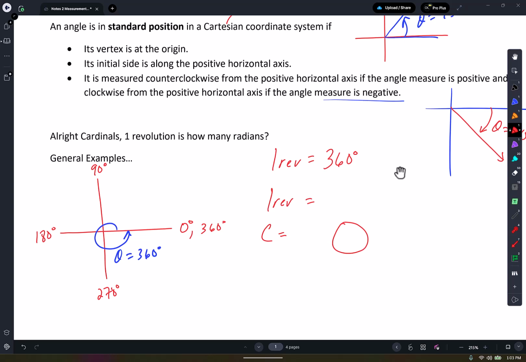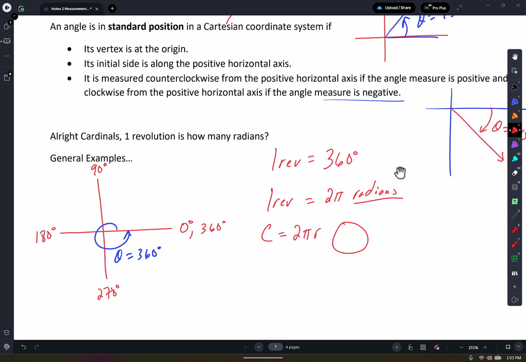What's the formula? Circumference equals 2 pi r, where that r stands for radius, right? One revolution is 2 pi radians, and a radian is literally whatever the radius is. It comes from the circumference of a circle. So you do know what one revolution is in radians.